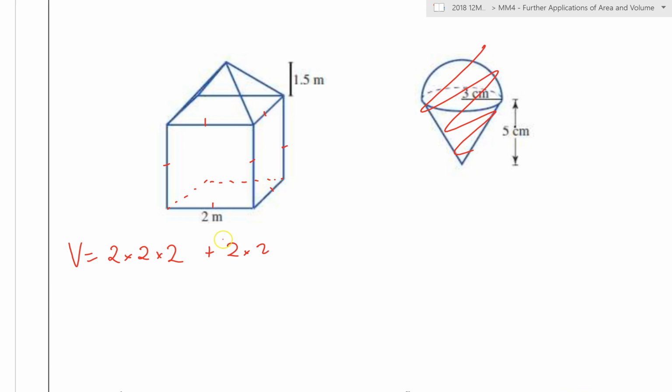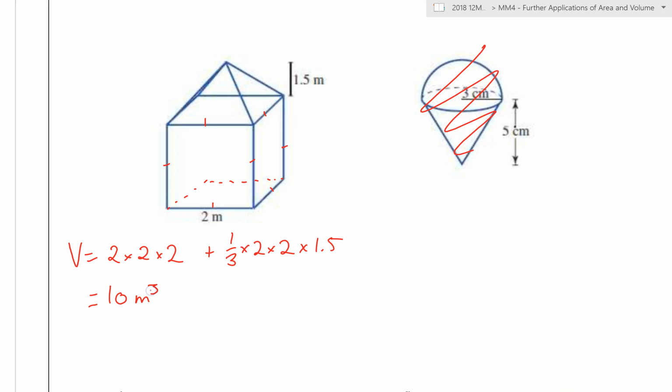Oops, I should have put the third in first. Plus 1/3 times the base, 2 times 2, times the height of 1.5. And this is 8 plus 2 equals 10 square meters. Cubic meters, not square meters, 10 cubic meters.